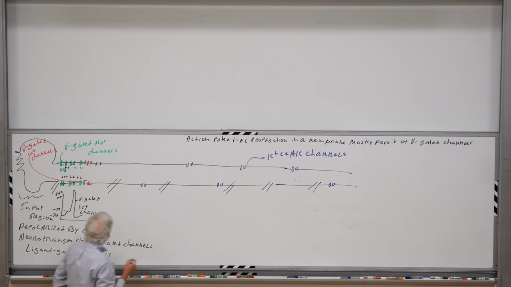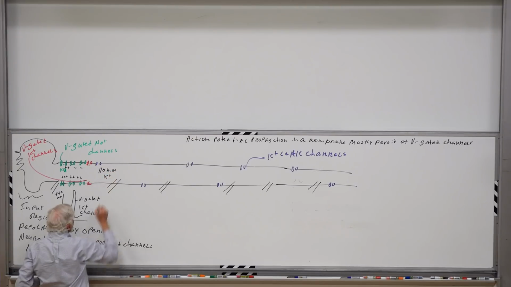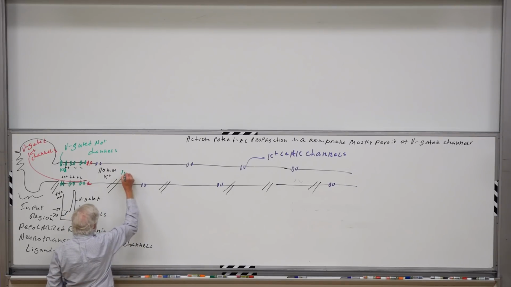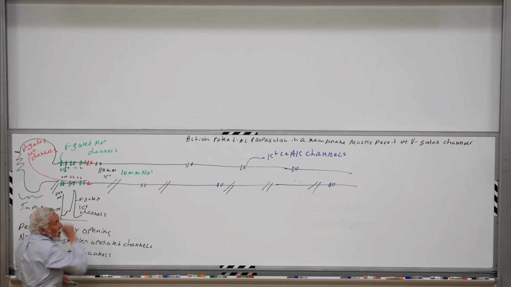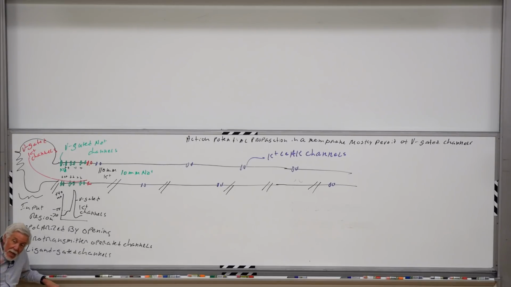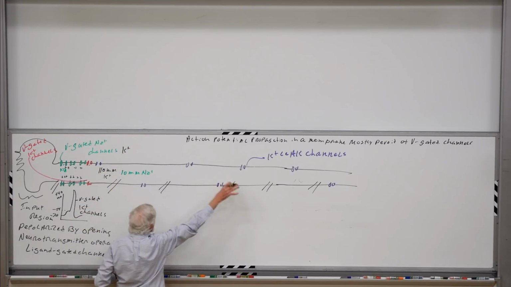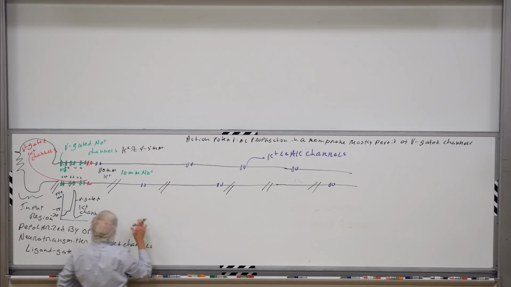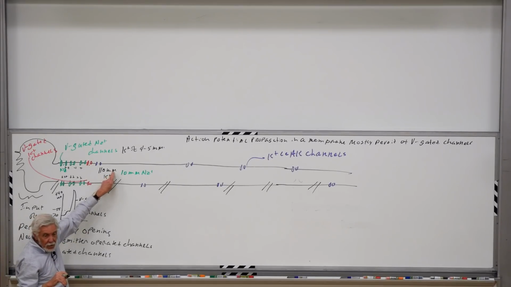Well, remember that there are potassium leak channels all along this membrane. And remember that the concentration of potassium in here is 110 millimolar potassium, and that the sodium concentration is 10 millimolar sodium. And one action potential barely affects these concentrations. What this means then is, because the extracellular potassium concentration all along this axon is in the neighborhood of about 4 to 5 millimolar, we have a great gradient for potassium, and the leak channels are open.